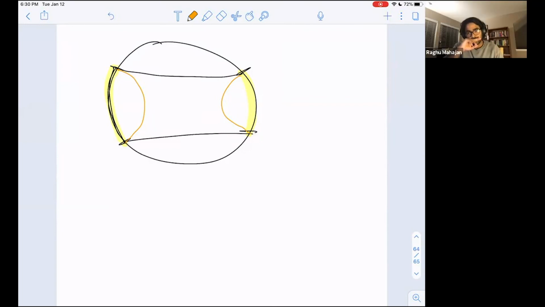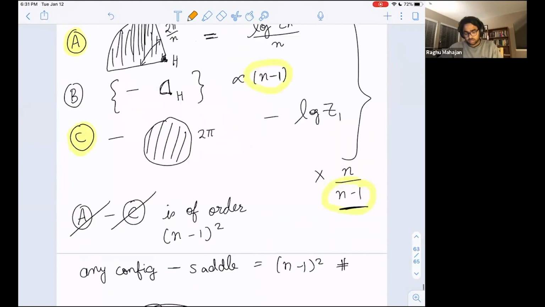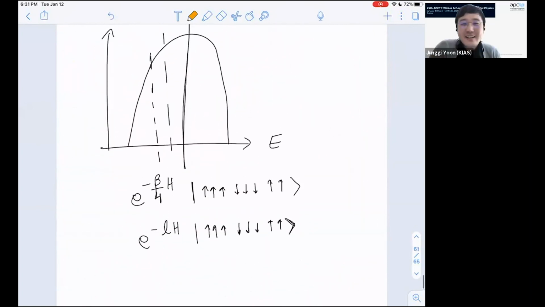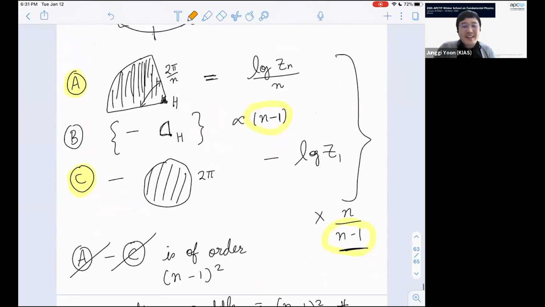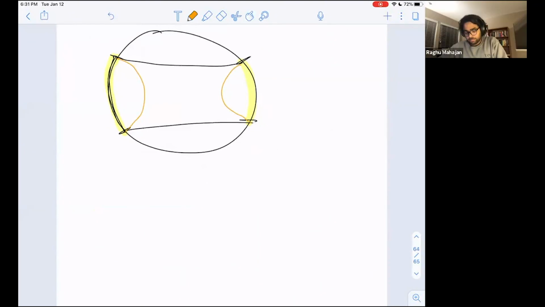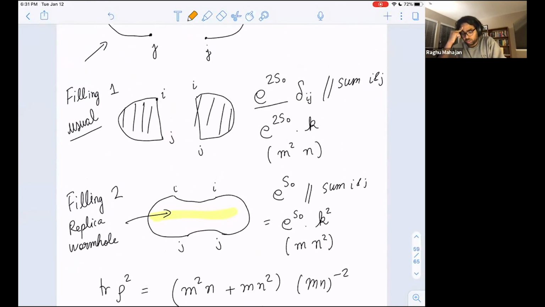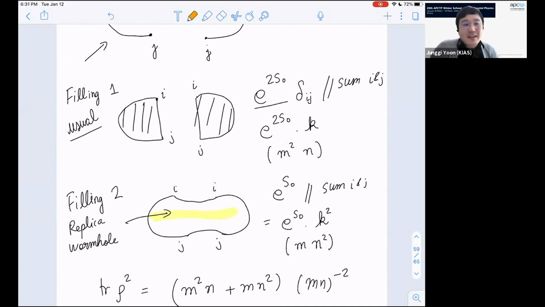But even in the replica case, I can accept that there could be some new saddle, but it's hard to see intuitively. This example is clear, but for a usual holographic 2D CFT, where you just replicate it?